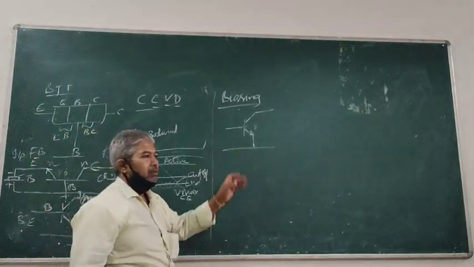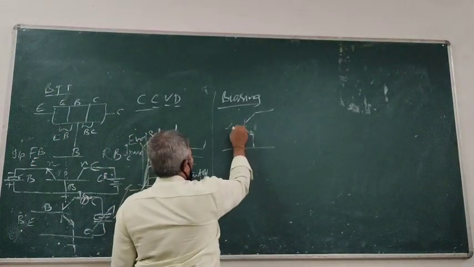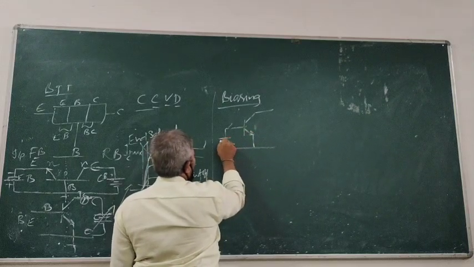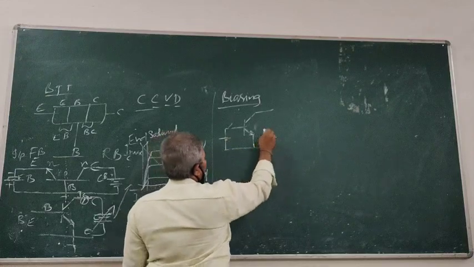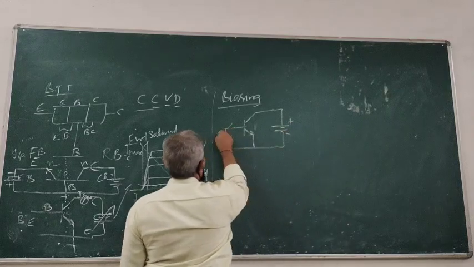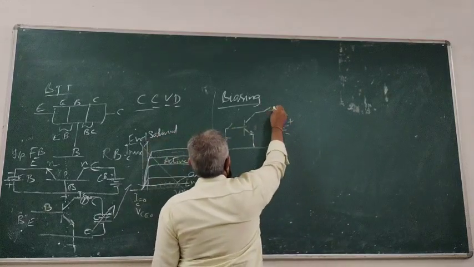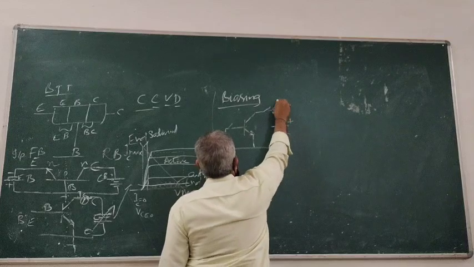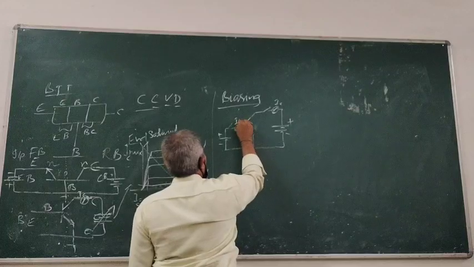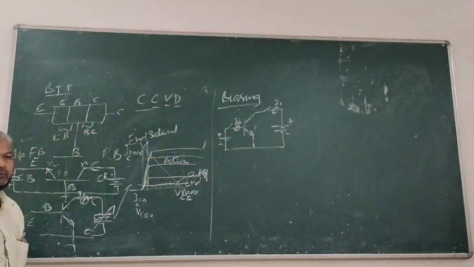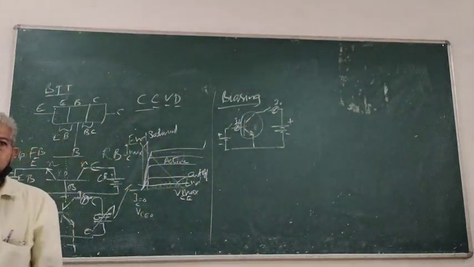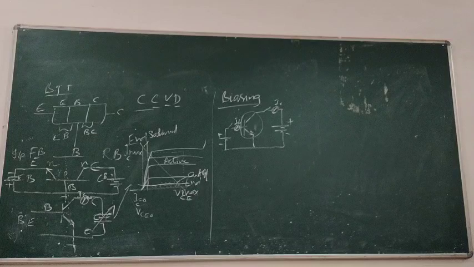It is unbiased. Suppose you have a key, clear? It appears like a transistor, right?